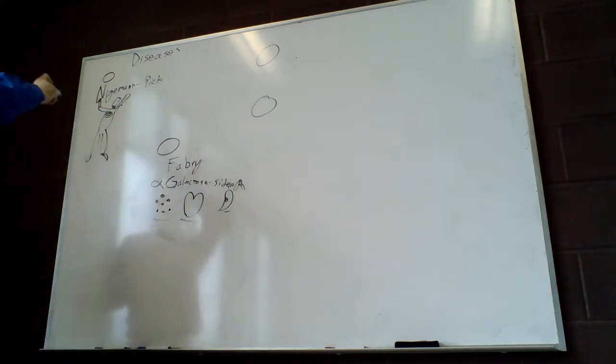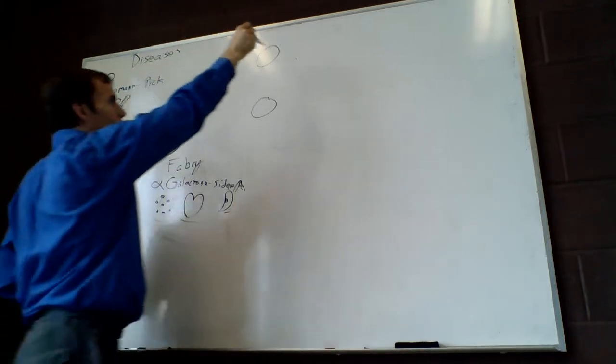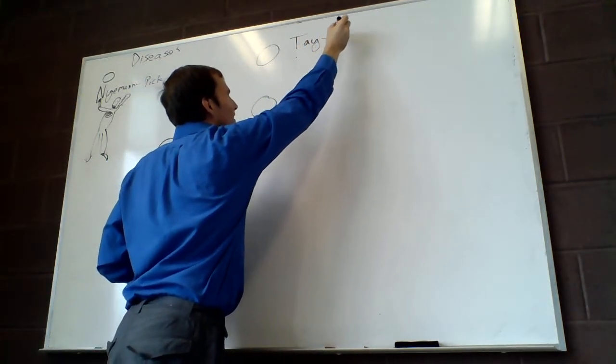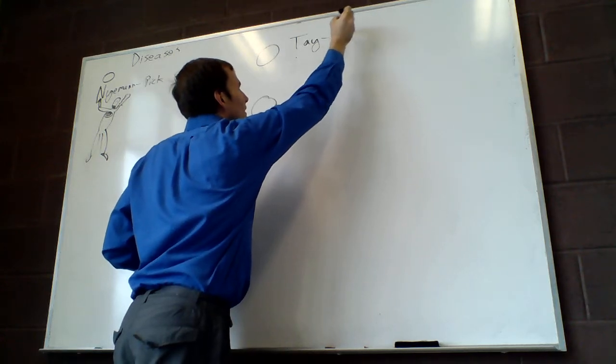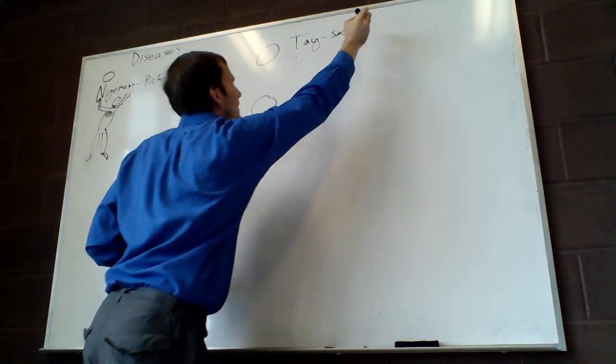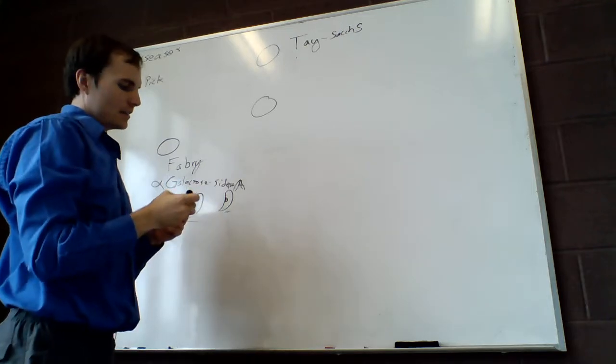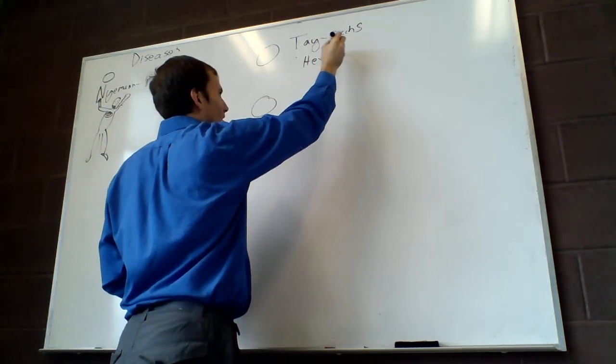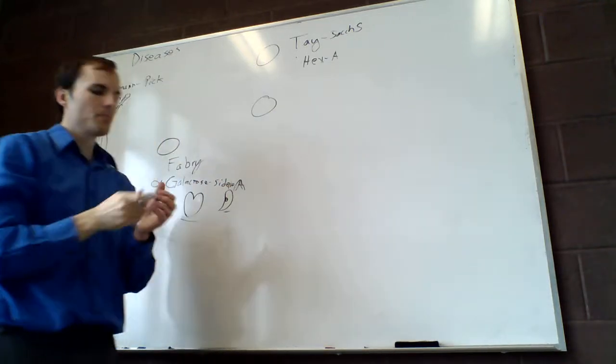Today, now, Niemann-Pick, Fabry. Up here we have Tay-Sachs, which really works for me. Mr. Taylor. Yes. Tay-Sachs. And Tay-Sachs, I remember, has hex A issues, which is an enzyme.